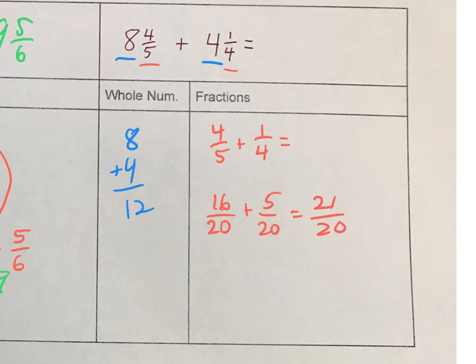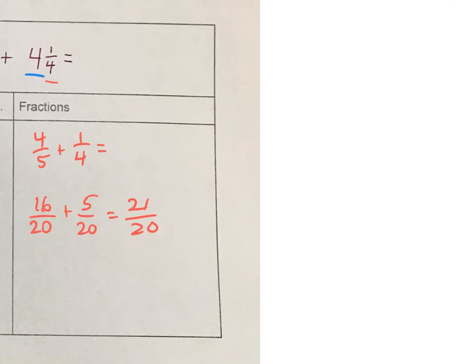But looky here. I have got barely an improper fraction. So I need to change that to a mixed number. You could do this like, okay, 21 divided by 20 is 1, remainder 1. That becomes 1/20.